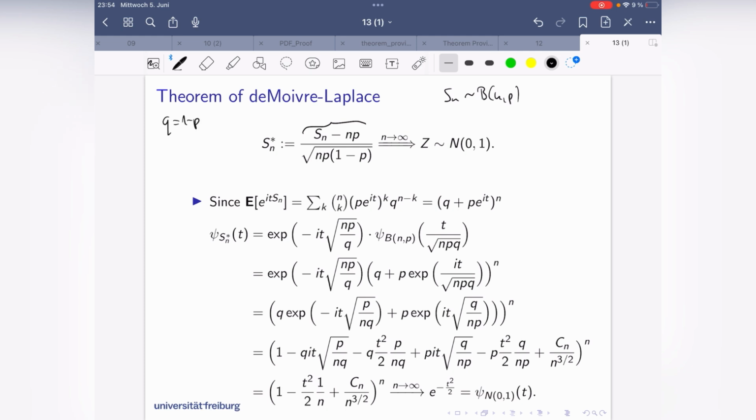So that's Sn divided by square root of npq minus np divided by this here, which is square root of np divided by q, like this. And the latter term does not have anything random in it, and I can pull it out of the characteristic function. And this here means I evaluate the characteristic function at a point not t, but t divided by square root of npq, like so.